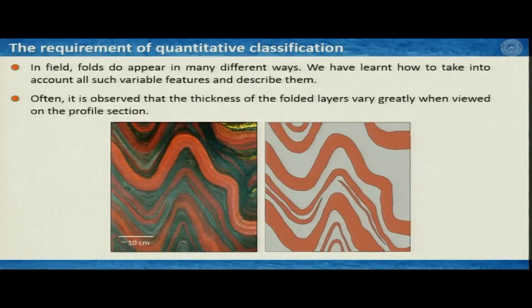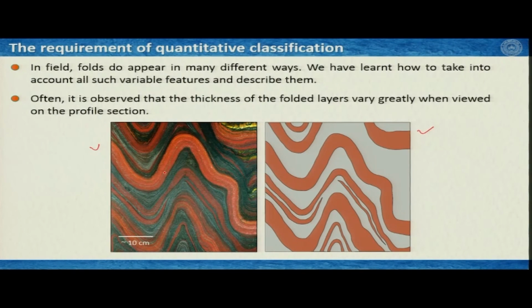As I said, these are all qualitative measurements, but if we look at folded structures in a different way, we see that the thickness of the folded layers also varies greatly when you see them along the profile section or close to the profile section. Here I have one image, and the next one is a sketch of this image, or you can say a geometric model of this folded structure that we see on the right side.